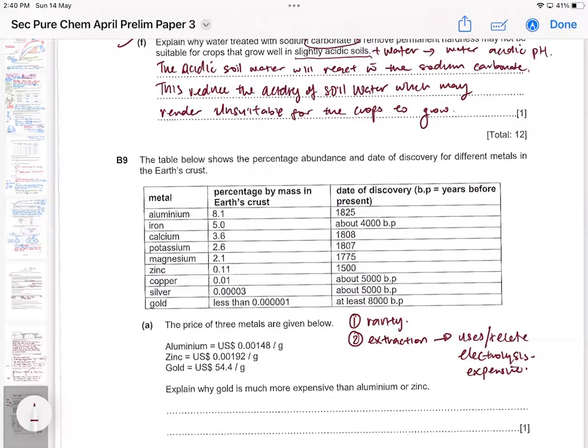Okay, now let's take a look at A. Gold is more expensive than the rest. If you look at the data, most likely it is due to gold being very, very rare compared to the other metals. Compared to zinc, compared to aluminum, it is way more rare, so it should be way more expensive.